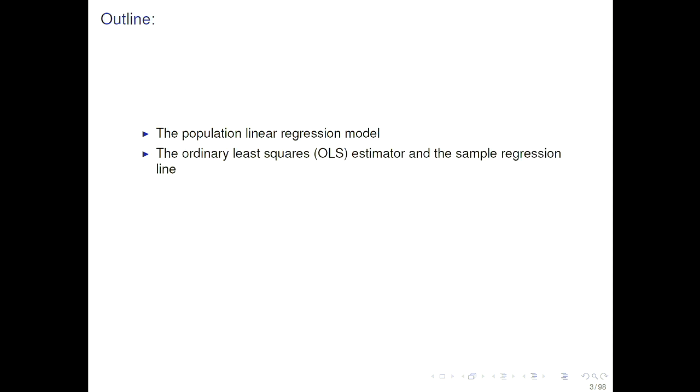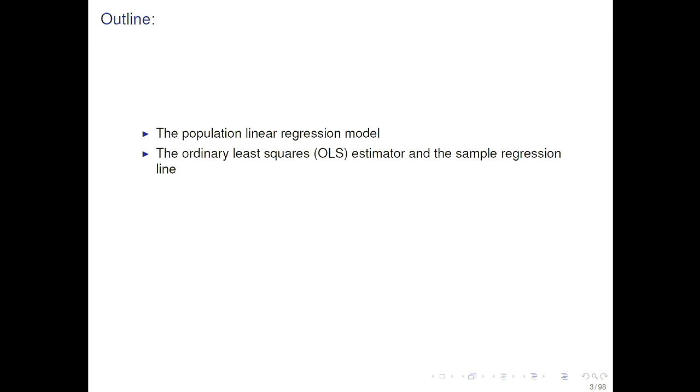And using the data, we want to estimate the population linear regression model.